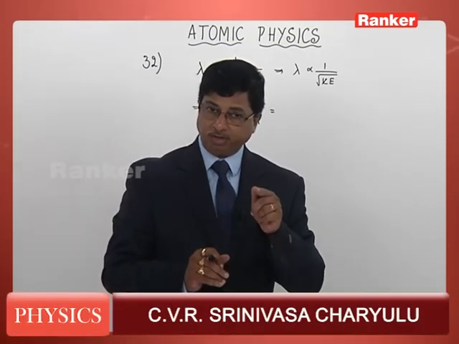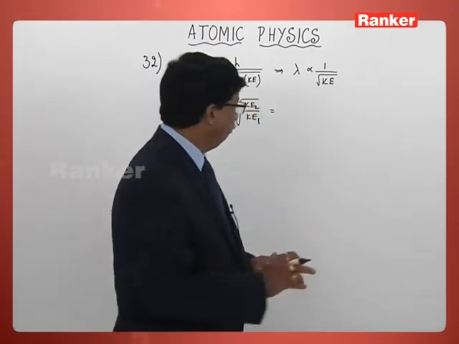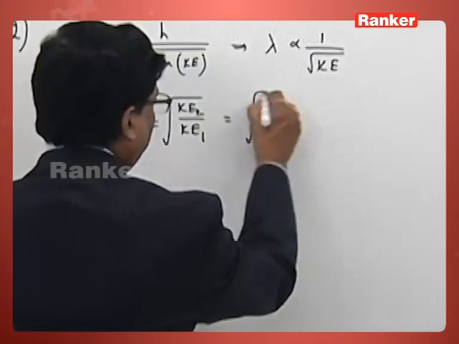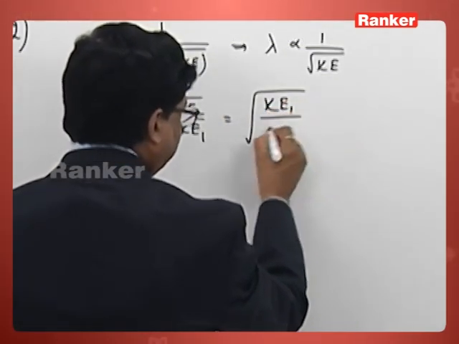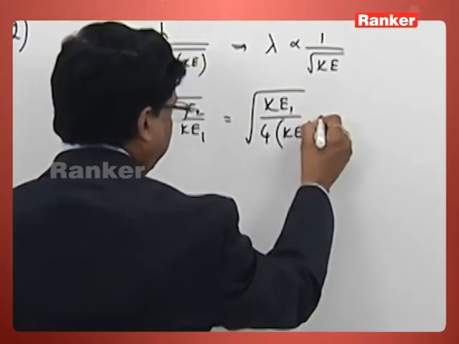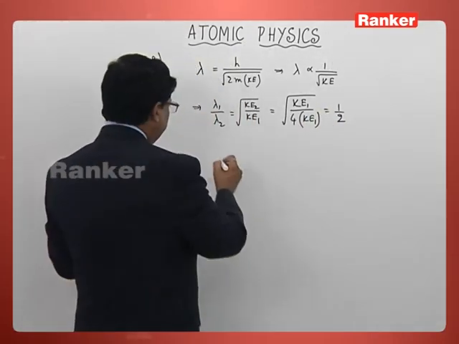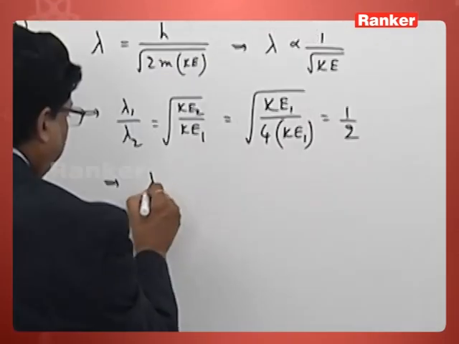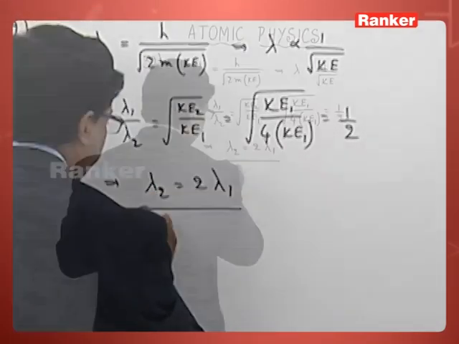But here he is saying very clearly it is reduced to 1/4. So we can write kinetic energy 2 as Ke1 by 4, into this Ke1 as it is in the denominator. So that now becomes half. Then what will be this value lambda 2 now? It is twice lambda 1.